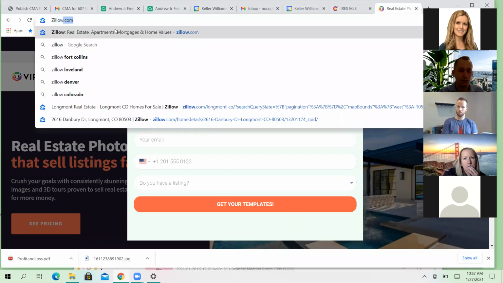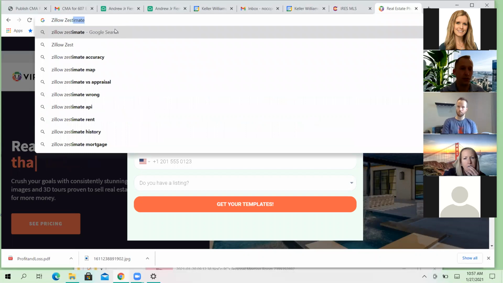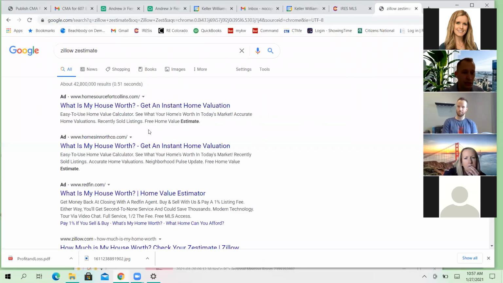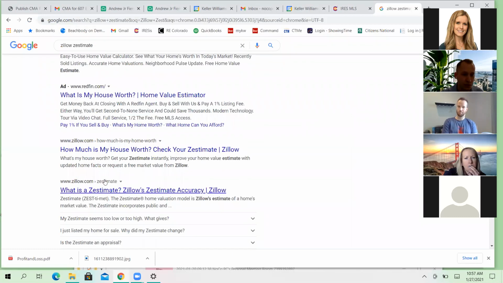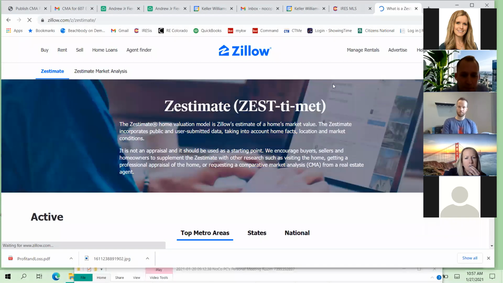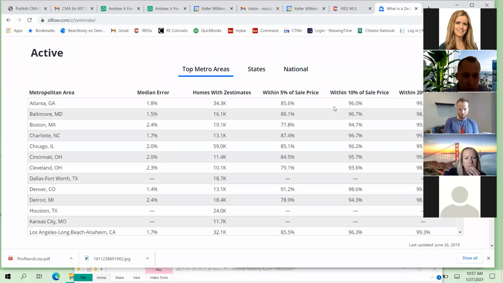Type into Google Zillow Zestimates, and you're going to get Zillow.com/Zestimates. That's what you're looking for. Go into here and I really want you to just understand what a Zestimate is.